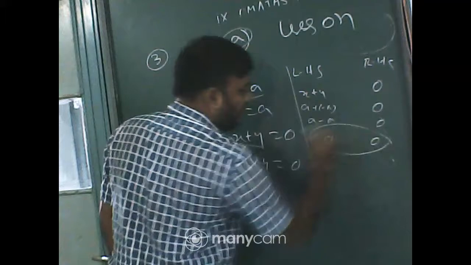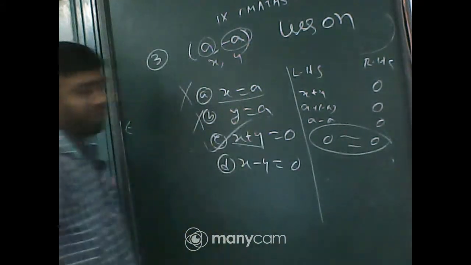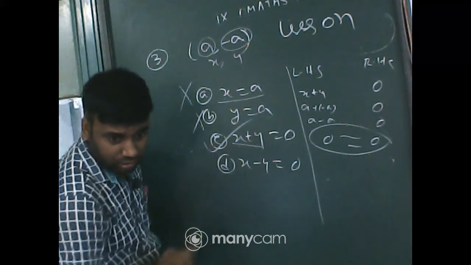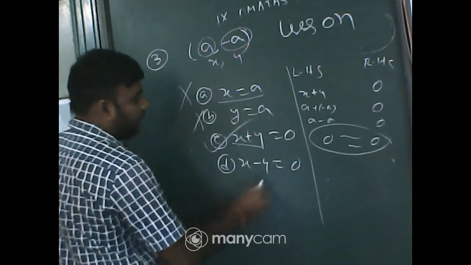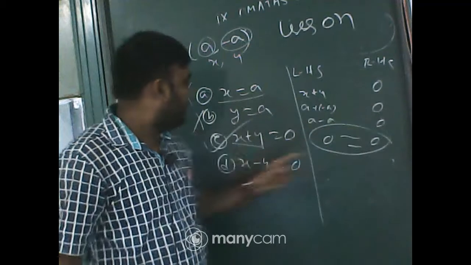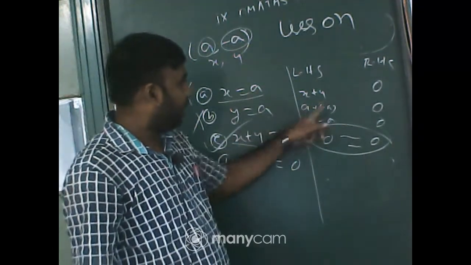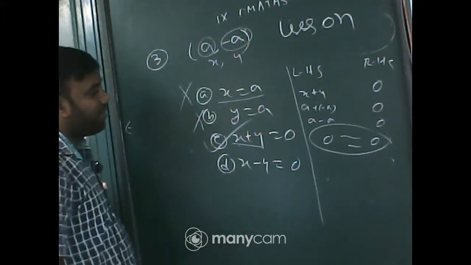Both are equal, 0 equals 0, so option C is the correct answer. Look at the board: left hand side x plus y, right hand side 0, in option C, putting x equal to a and y equal to minus a. Got it?